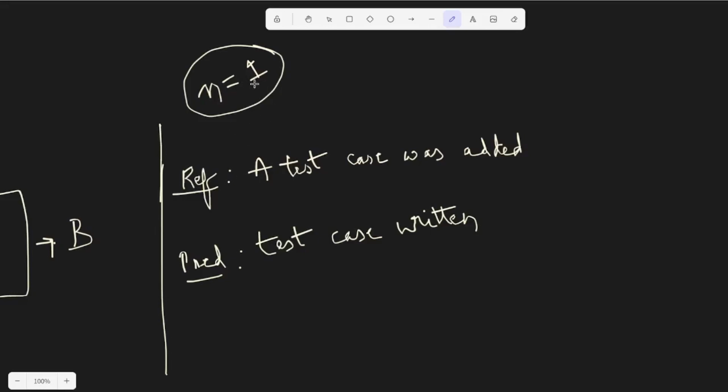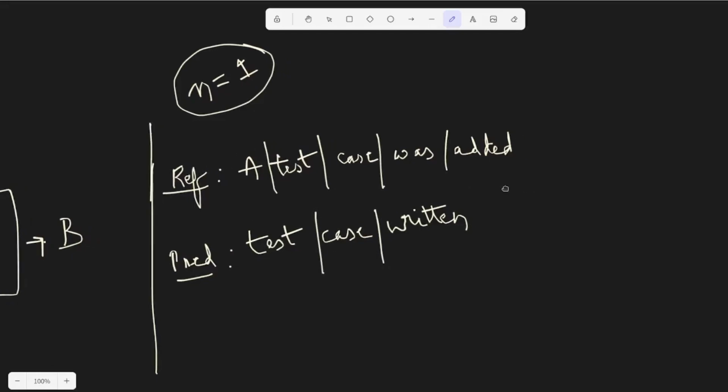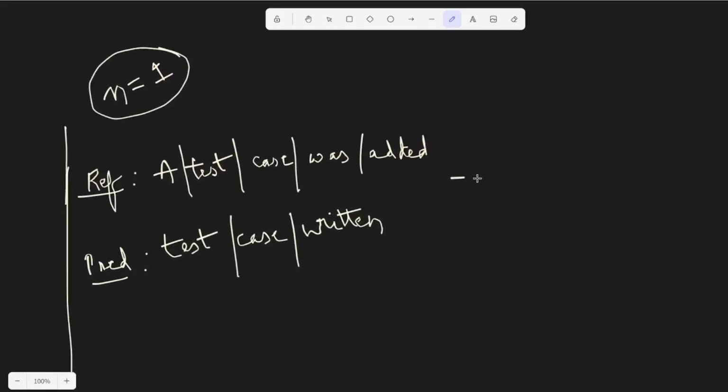When you choose a hyperparameter like this, first you split the words into ones, you split each word, and you have the prediction and the reference. Now you take the number of words in the denominator, that's the prediction. So that's totally 3 words.